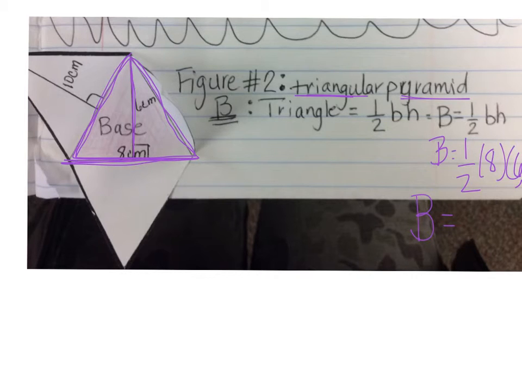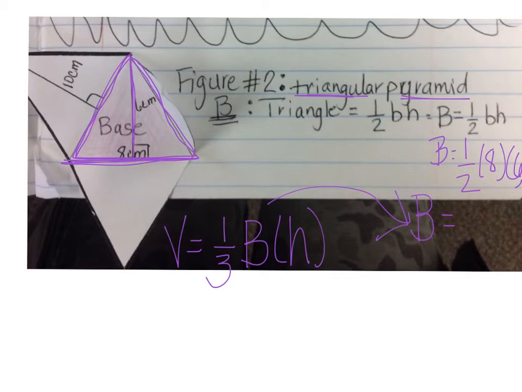And then you can go ahead and find the volume, which is, again, 1/3 times the capital B, that's what you found right here, times the height. This time it's going to be the height of the pyramid. When you see three-dimensional figures, you'll actually see a dotted line coming from the top of the pyramid to the middle of the base.